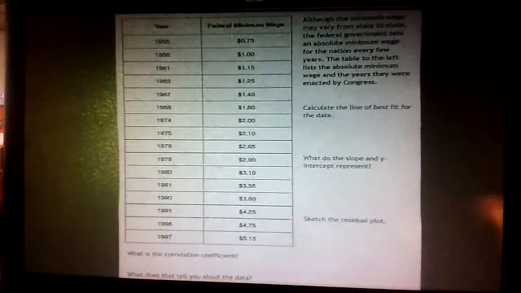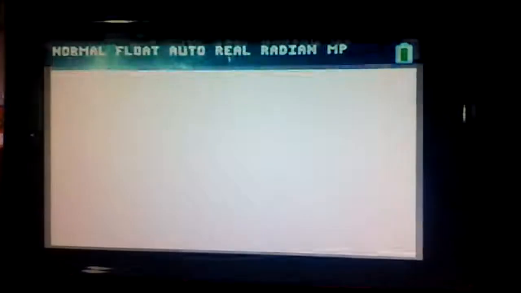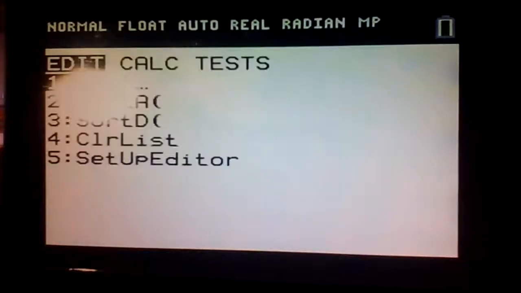Okay, so I'm gonna go to my calculator, but you're gonna be using the numbers from this. Let me get to my calculator here. Yes, you're gonna use yours. I'm gonna put mine up here so you can see what I'm doing. Everybody needs to hit the word stat on their calculator.